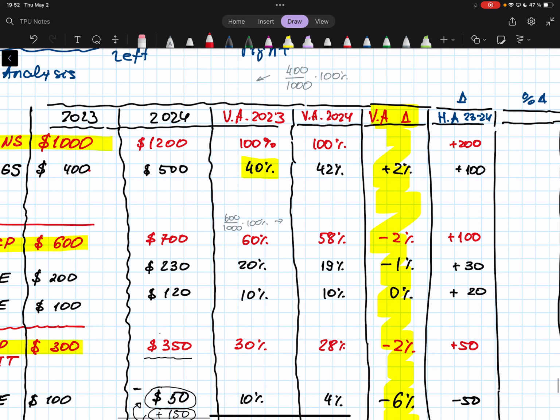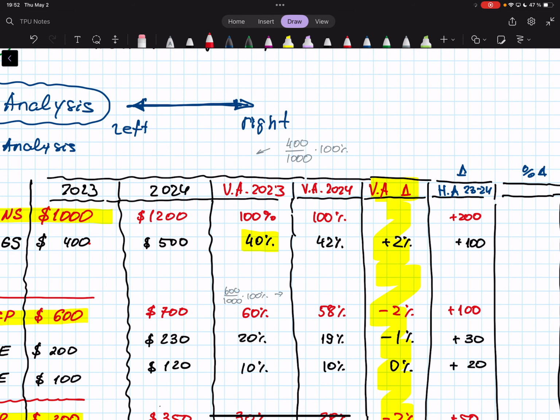So this is our changes over time in absolute numbers.